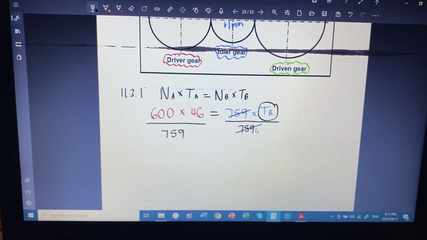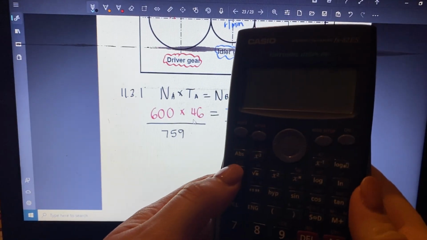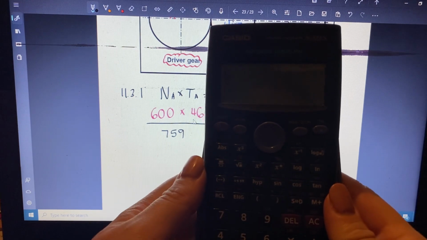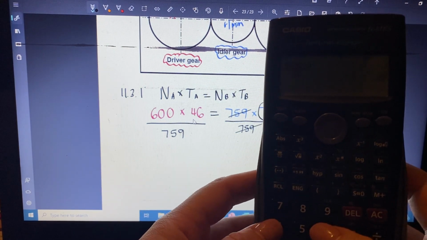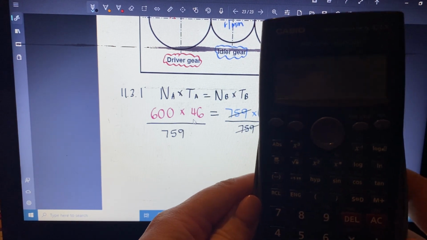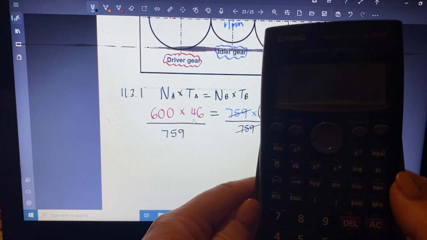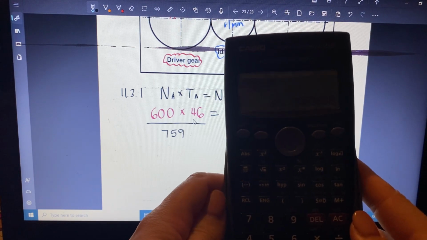These two cancel out, and then you just type this exactly into your calculator. So type in your fraction sign, and then 600 times 46 over 759 equals. Then the answer will be 36,36.